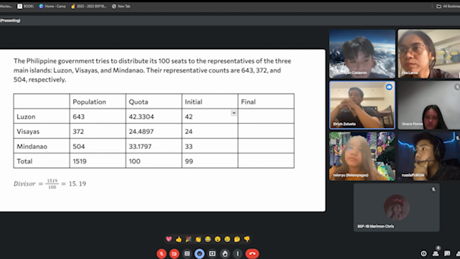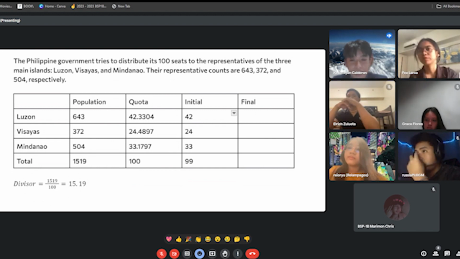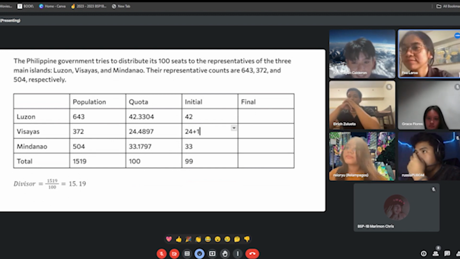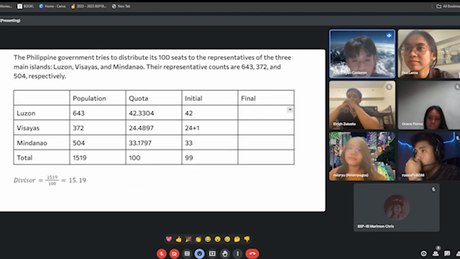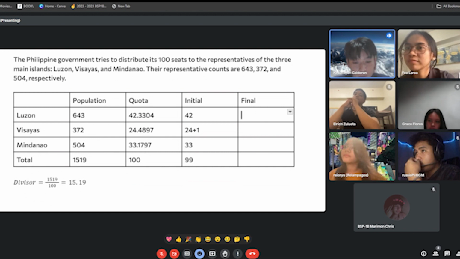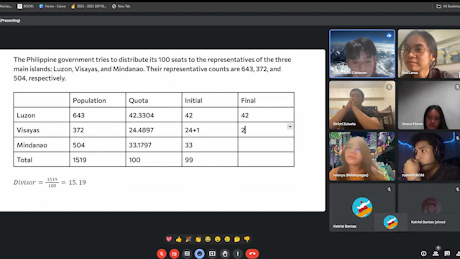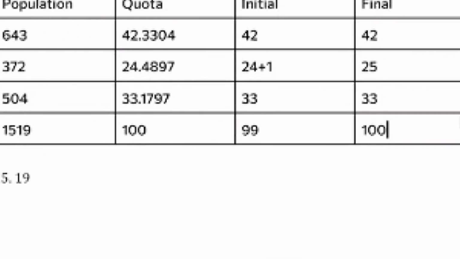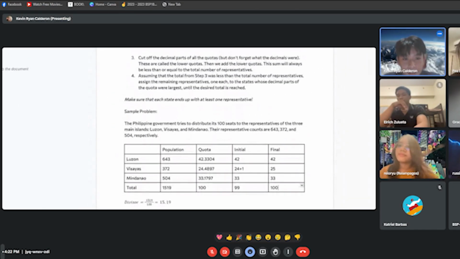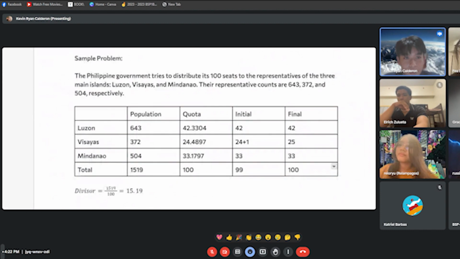It would be Visayas, miss. Excellent. So now we will have the final allocated seats: Luzon is 42, Visayas is 25, and Mindanao is 33, for a total of 100. So that's it for example problem number 1.